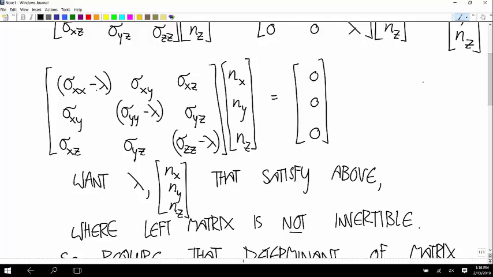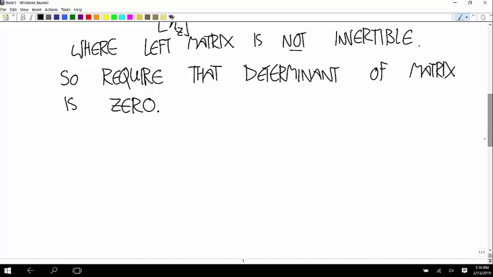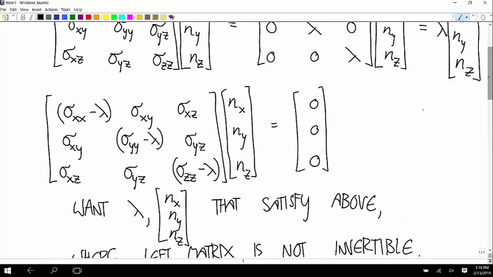So sigma xx minus lambda, and then if we cross these out, we go sigma yy minus lambda times sigma zz minus lambda, minus sigma yz times sigma yz.